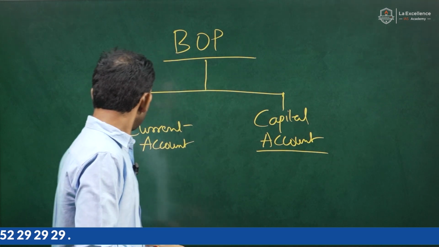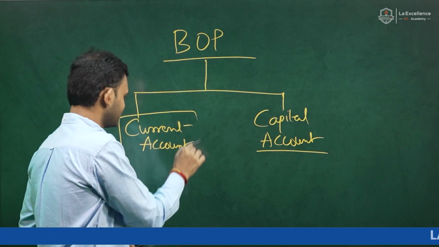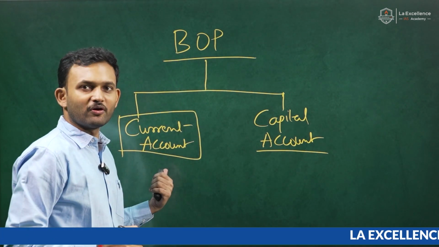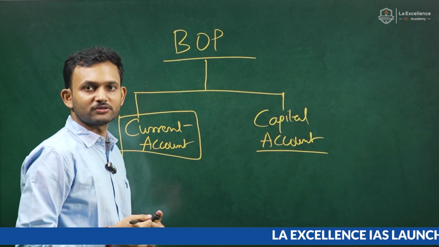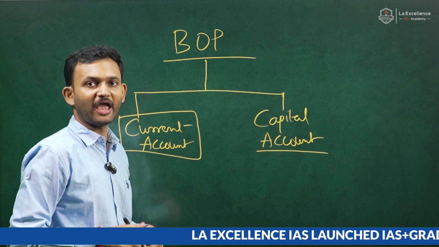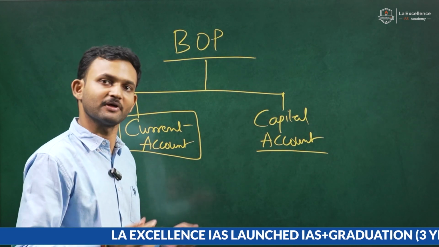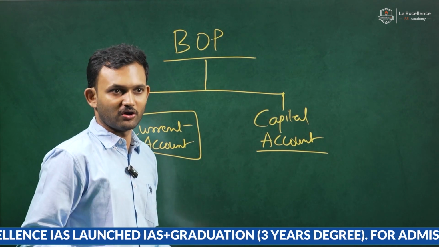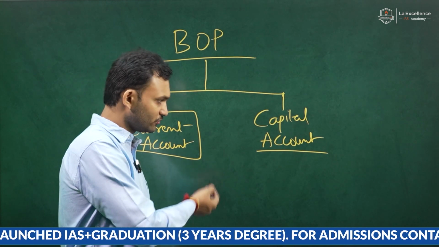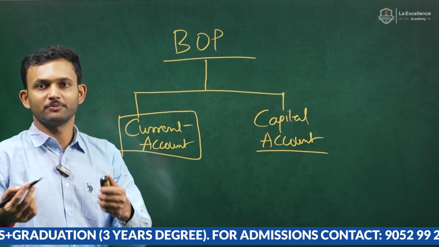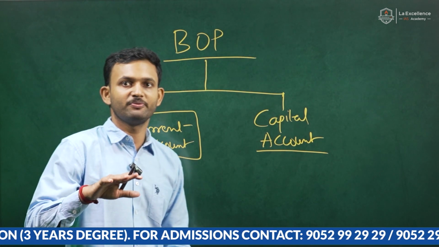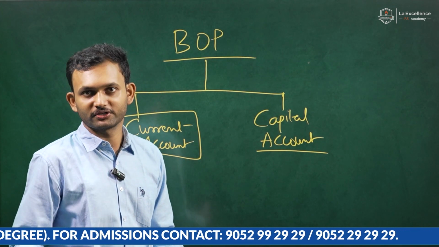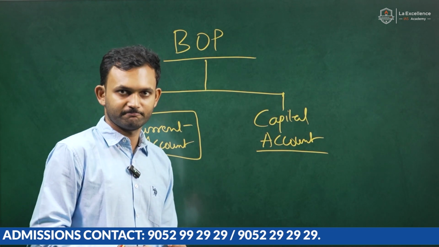So the classification is that anything that forms under current account does not need any returning back of the amount. Suppose you bought a shirt or a marker or this board, it is for your consumption, or it will be converted into another product, so it won't be returned back.